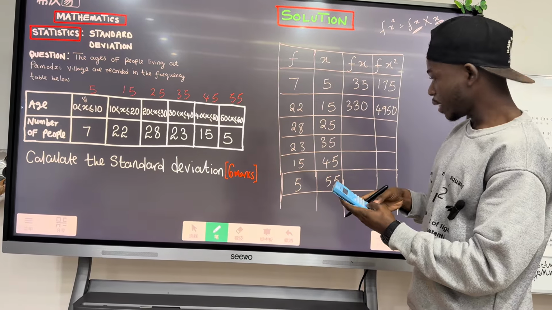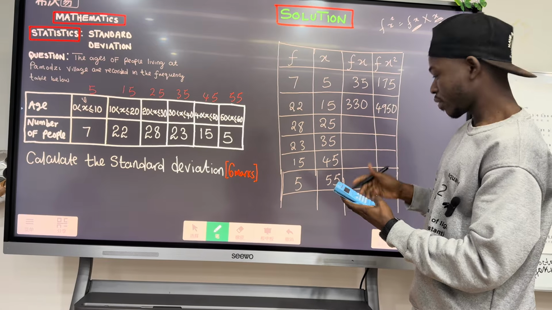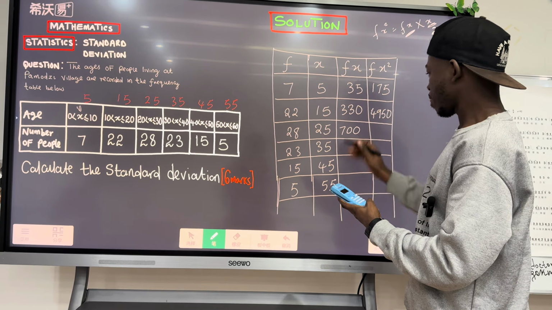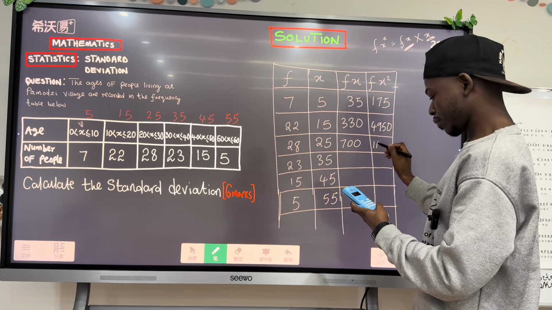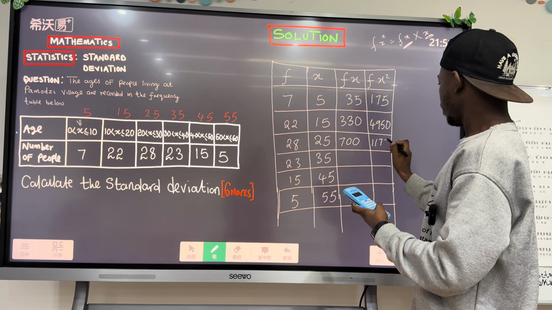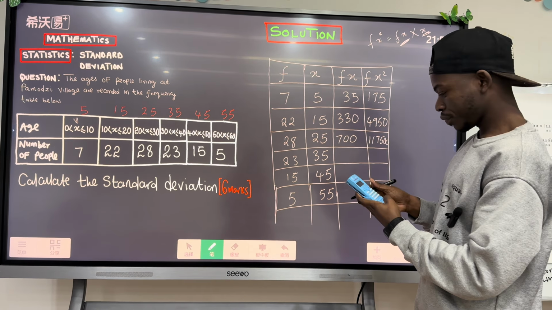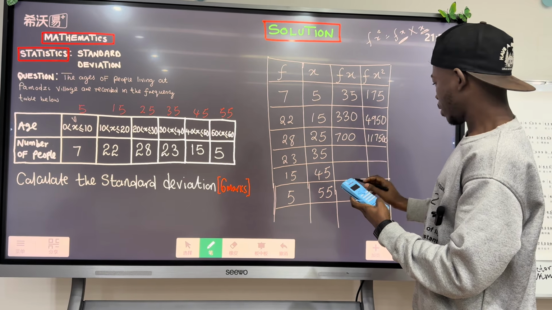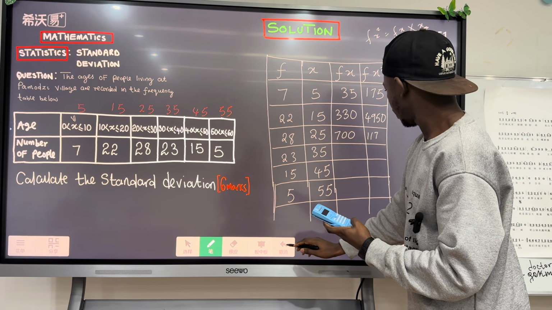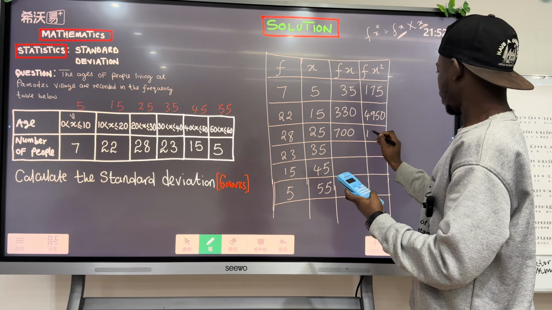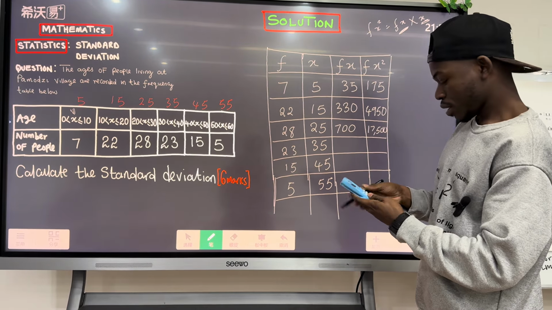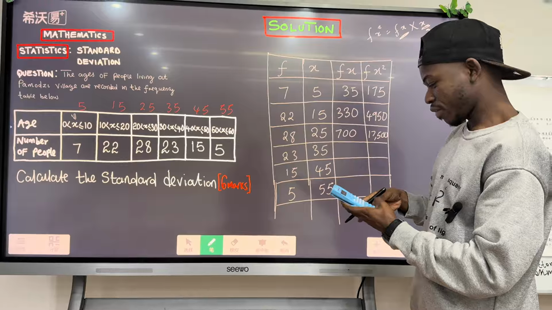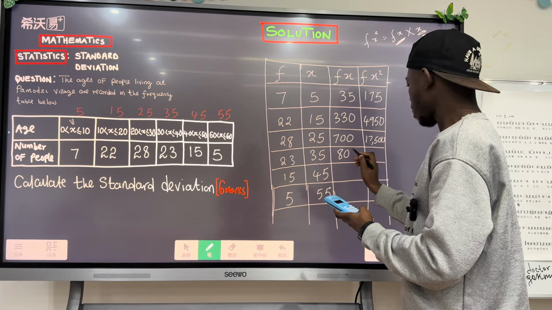So here 28 times 25, we have 700. Then times 25 again, we have 17,500. Let me just write that again. So this should be 17,500. So 23 times 35, we have 805.